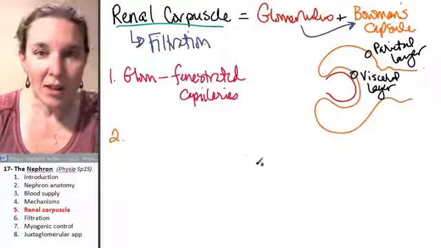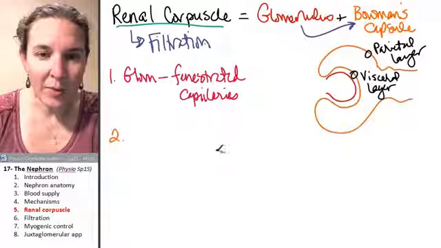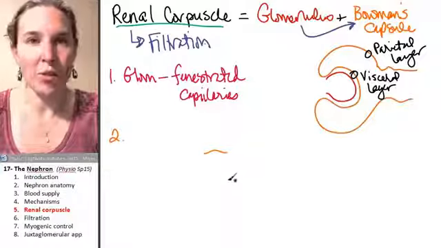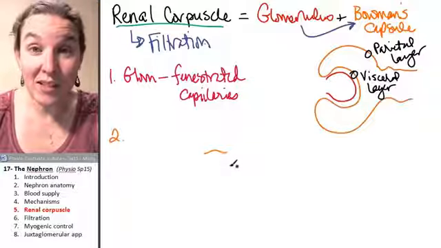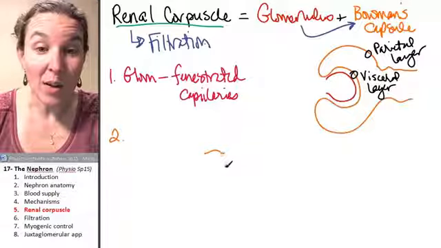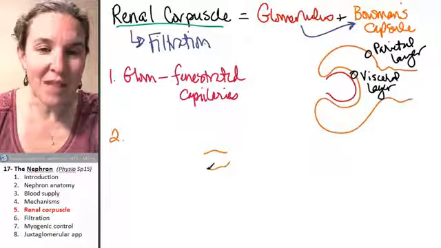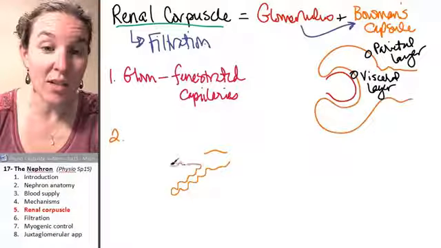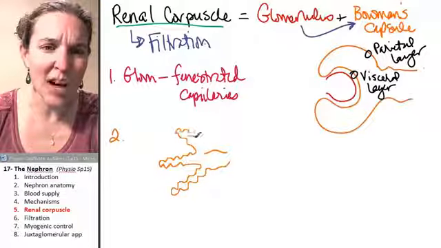I'm drawing the cells of the visceral layer of Bowman's capsule. They're normal. They're not normal. They're epithelial cells. However, they have these bizarre, they're called podocytes. The cells are called podocytes, and they've got these pedicels that reach out.